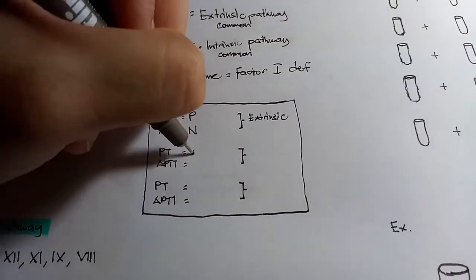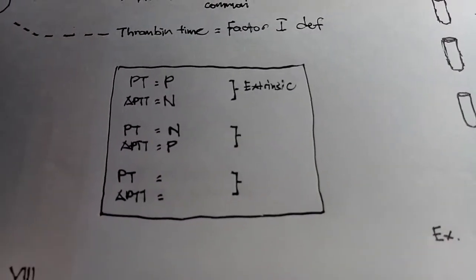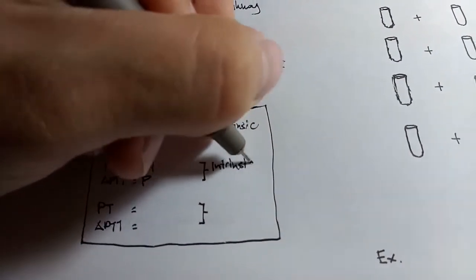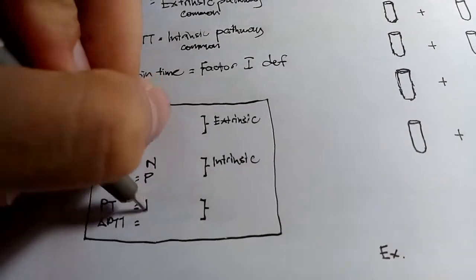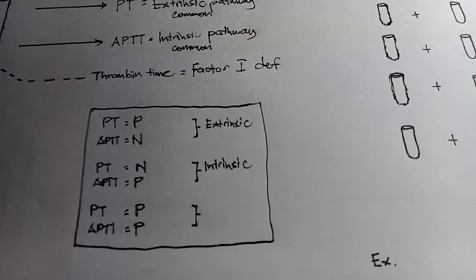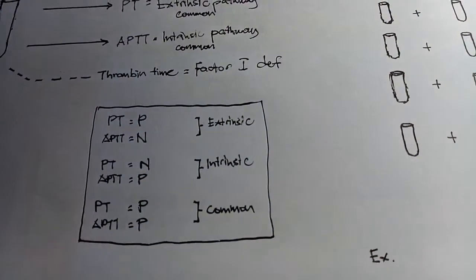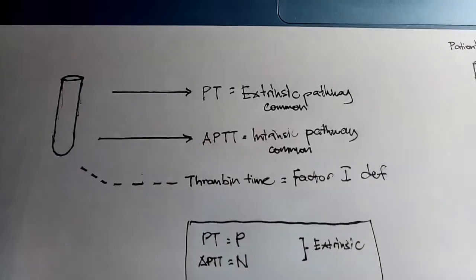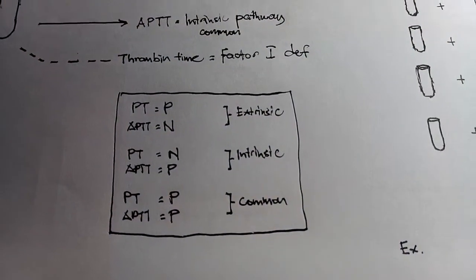If the PT is normal and the APTT is prolonged or abnormal, our missing factor belongs to the intrinsic pathway. If the PT is prolonged and the APTT is also prolonged, then our missing factor belongs to the common pathway. That's it. Don't forget the PT and APTT results, whether it points to the extrinsic or intrinsic pathway.